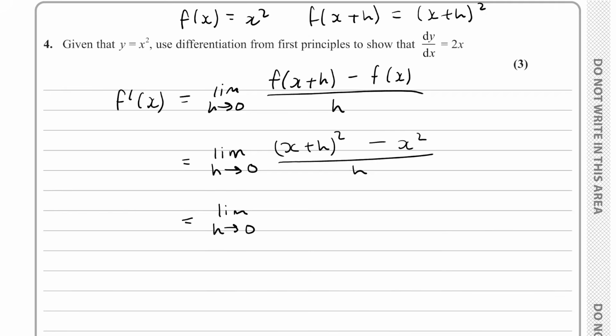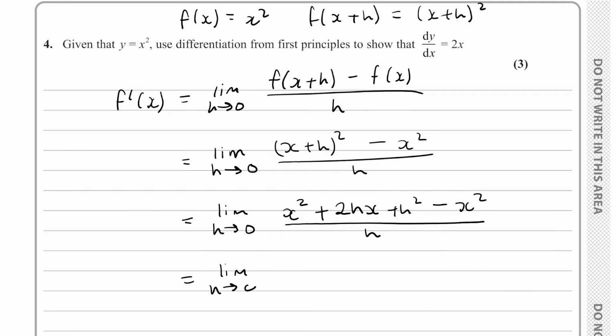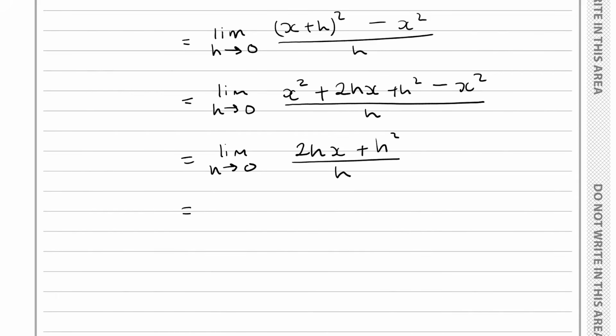And expanding x plus h times x plus h, so double brackets expanding, x squared plus xh plus another xh, so 2 of the hx's plus a h squared, and then we've got minus x squared over h. So the limit as h approaches 0, x squared minus x squared is nothing. So we've just got 2hx plus h squared over h. And we can divide both of these terms by h.